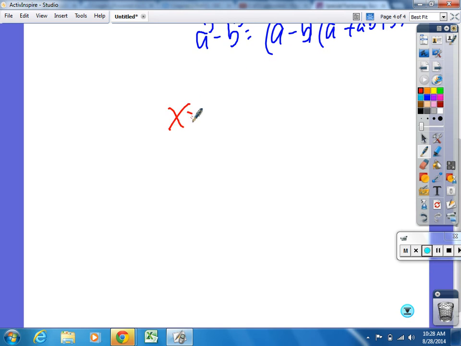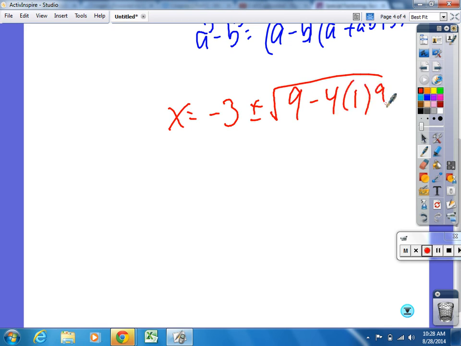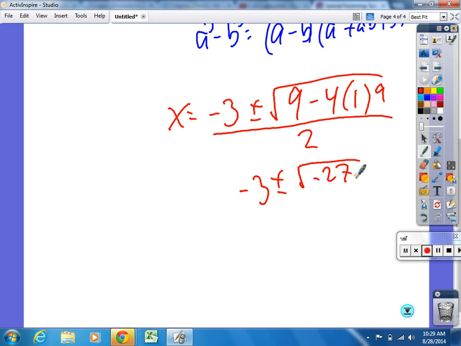X equals negative b, which was 3, right? Plus or minus the square root of negative 3 squared, 9, minus 4 times 1 times 9. All over 2a, which is 2. So, negative 3 plus or minus the square root, that's 9 minus 36, which is negative 27.